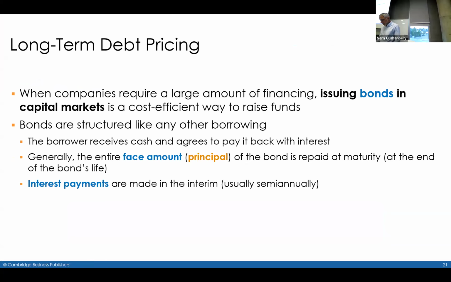Okay, long-term debt, let's talk about bonds. I want to make sure that we all have our terminology down, because the terminology is not tricky, you just need to know it so that you can have a real conversation. So look at the terms in blue: face amount. Generally the entire face amount, that's the principal of the bonds, is repaid at maturity.